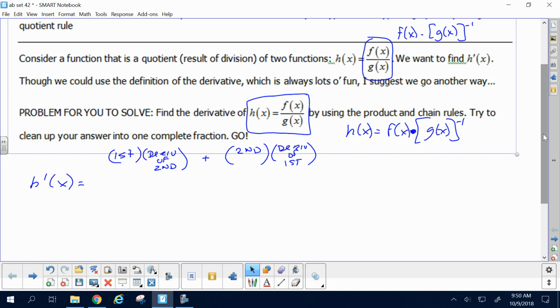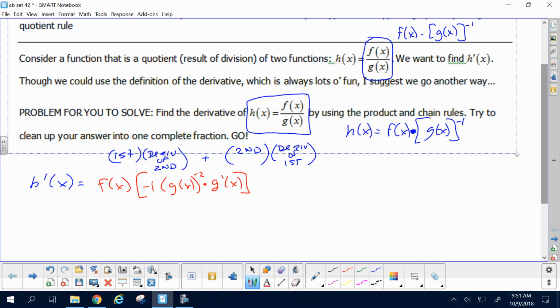Wait, what about the b? Negative b? No. Which one stays the same?